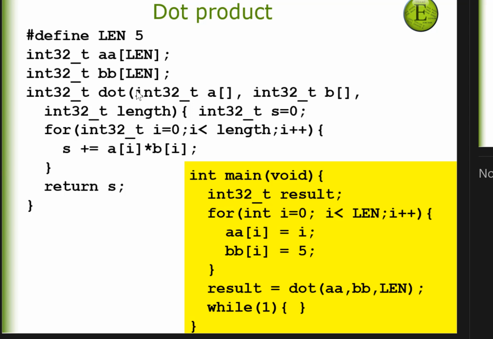The type of A is what? Okay, you're getting closer. A pointer to an array of signed integers. So when this gets compiled, what's in R0? The address of the array. The same thing with B. What about length? Where is it? In a register, which one? R2, as a value.